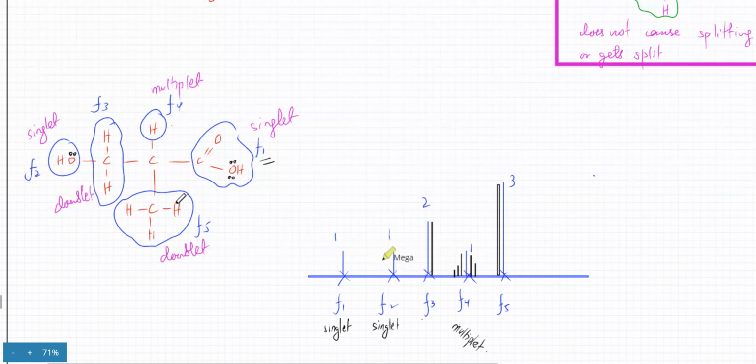Then you have alkyl next to C double bond O. Hydrogens in a carbon chain right next door to C double bond O resonate at 2.2 to 3. Hydrogens on a carbon right next to an aromatic benzene ring resonate around 2.3 to 3. फिर इसी तरह, if a carbon with hydrogens has a single oxygen right next door, then these hydrogens resonate at 3.2 to 4, and so on.